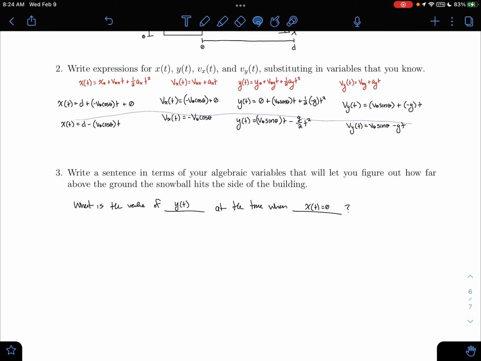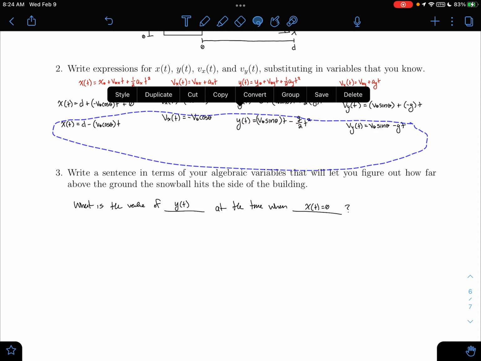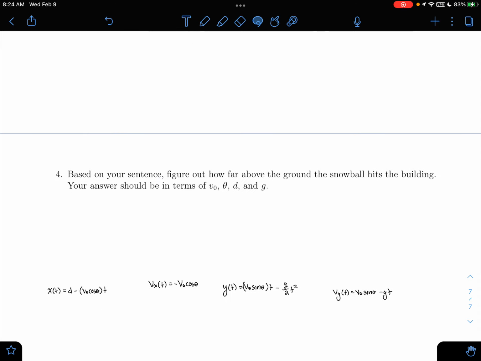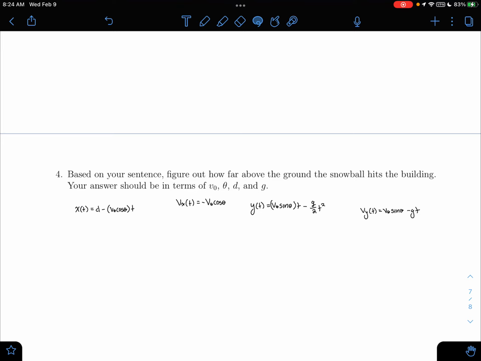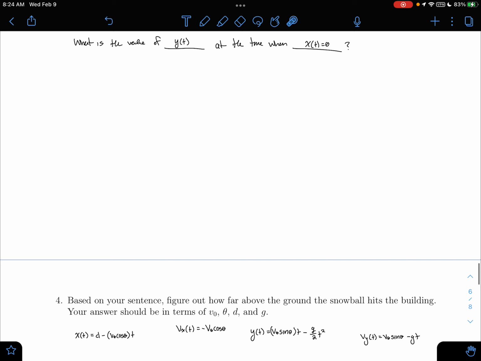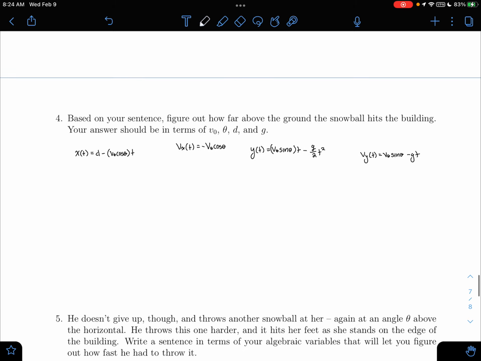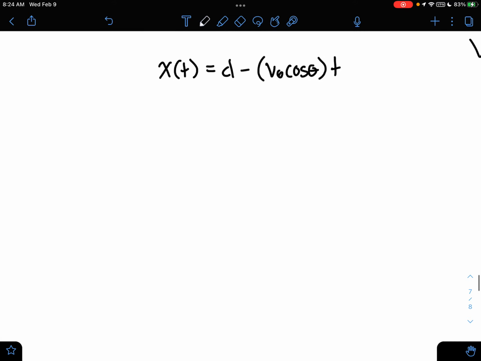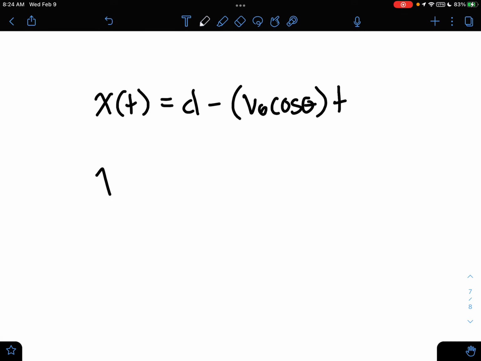Let's get answering. I'm going to pull my equations down here. How far above the ground the snowball hits the building? So we're trying to find y of t at the time when x of t equals 0. So let's start by finding the time when x of t equals 0. So we set this equal to 0 equals d minus v naught cos theta times time.